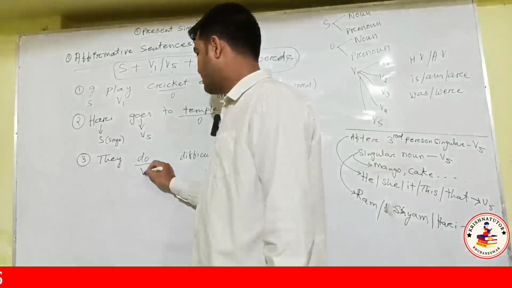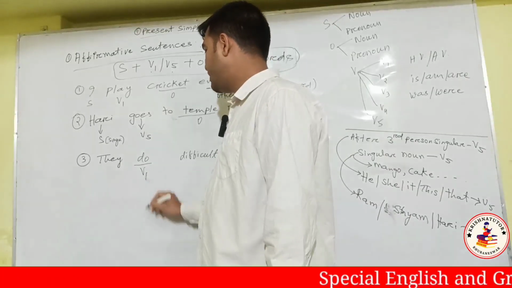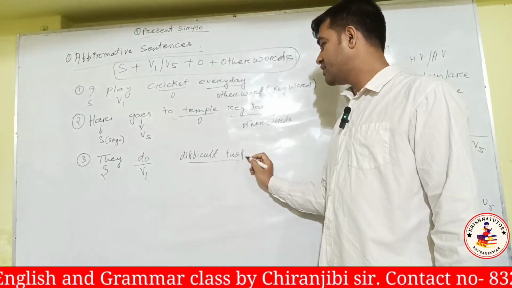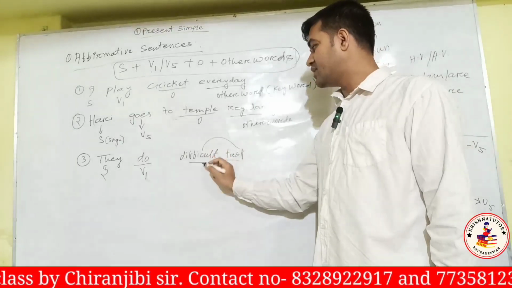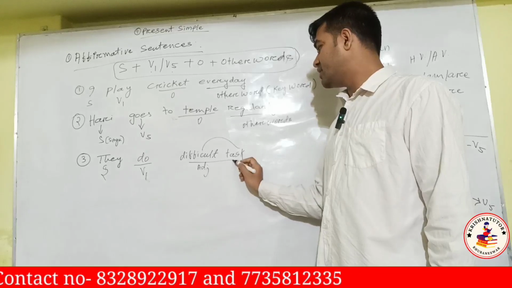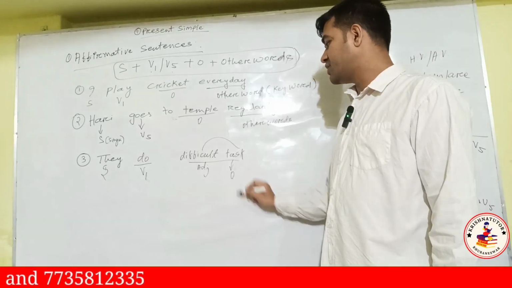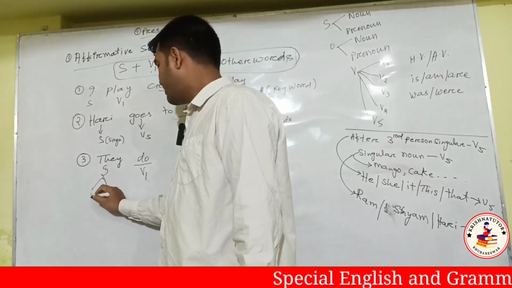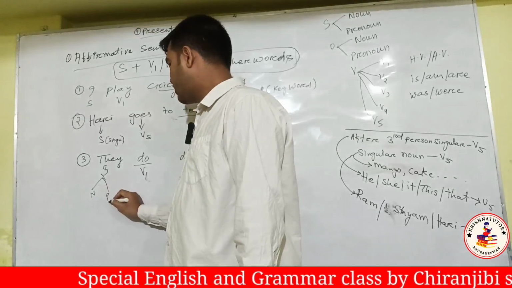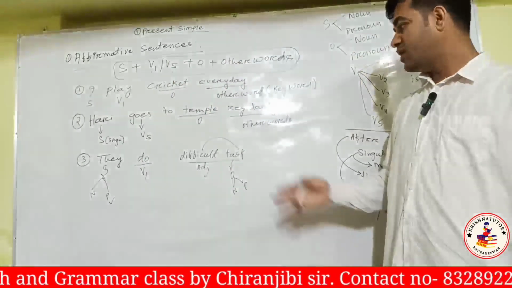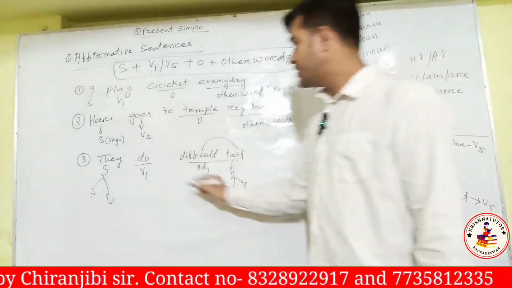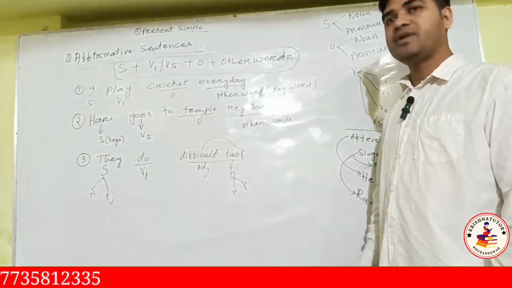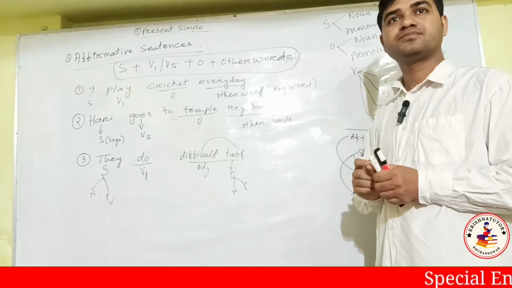Okay, here do is V1. They is the subject. Difficult task could be an adjective, obviously, but here it is a noun, so it is the object. I told you object is noun or pronoun, subject is always noun or pronoun. Okay, so this sentence is following present simple tense.